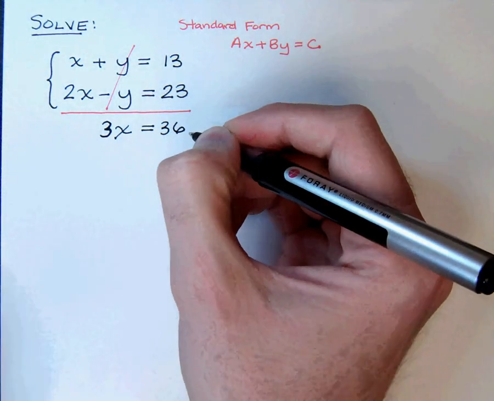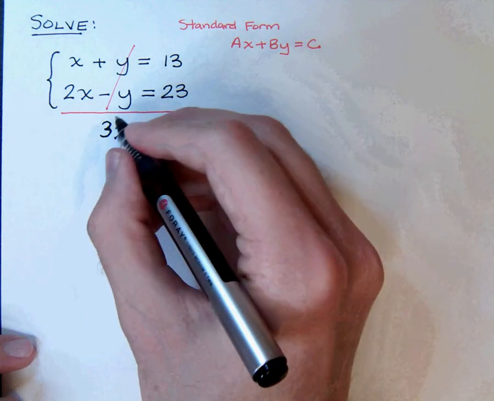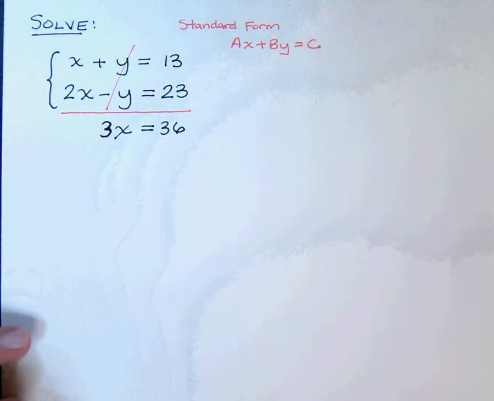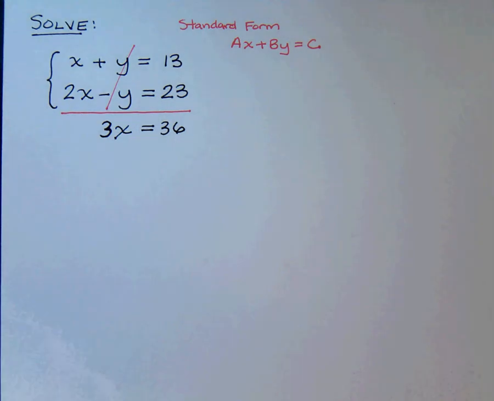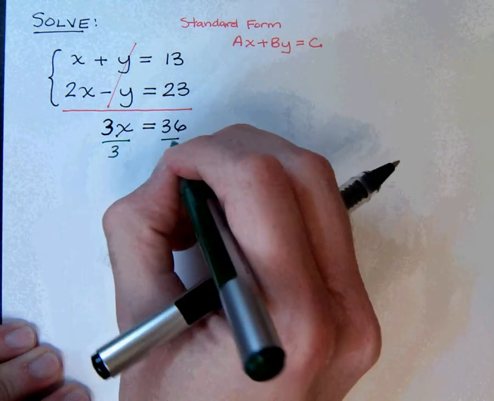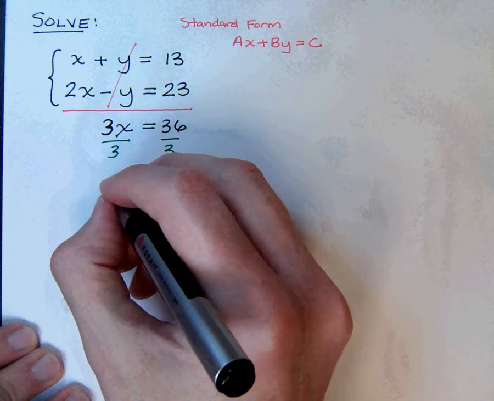So without doing the substitution method, I very easily get a nice equation with just one variable, which is the x. So to solve this for x, I'm just going to divide both sides by 3, and that means that x is equal to 12.